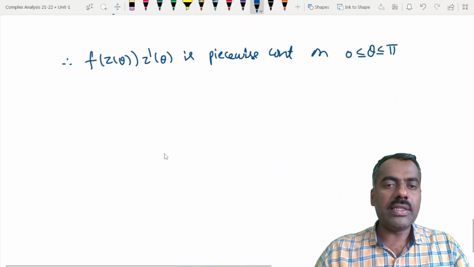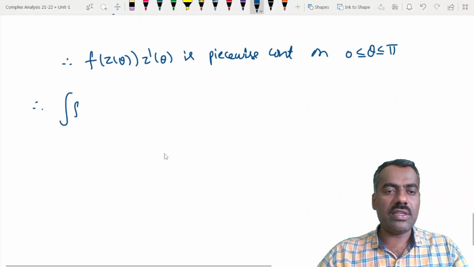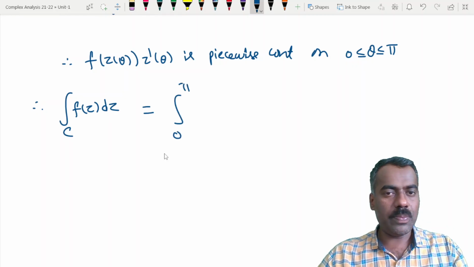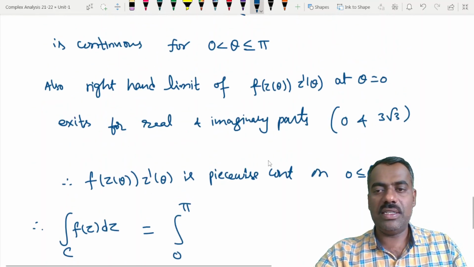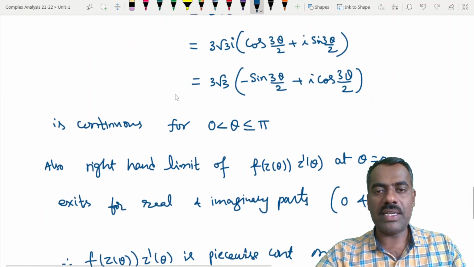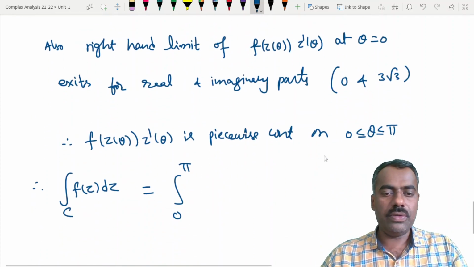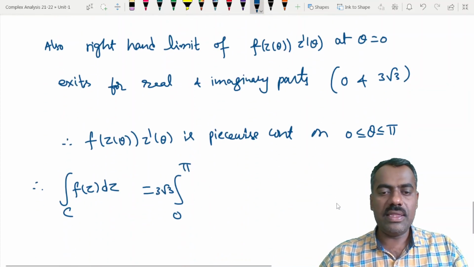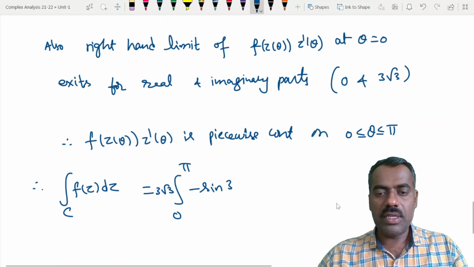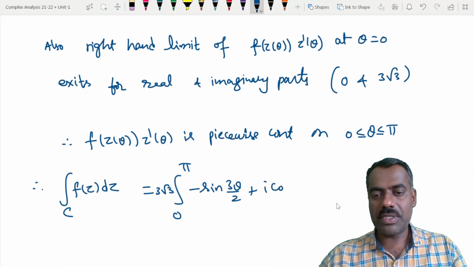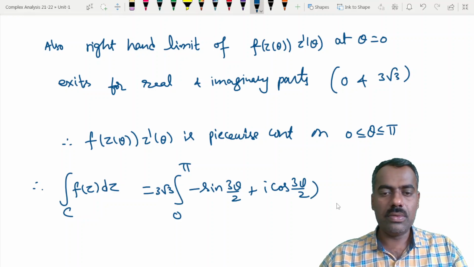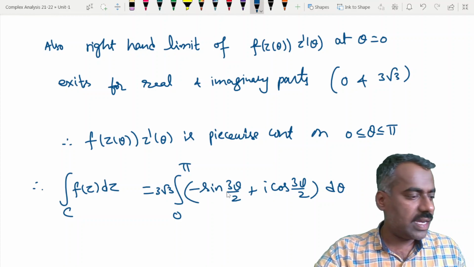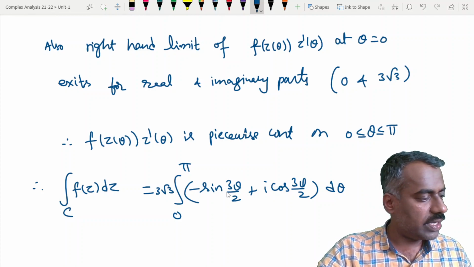Therefore we can calculate this integration. So therefore integration of f of z dz over c is nothing but integration from 0 to pi of f of z of theta into z dash of theta, which is nothing but this 3 root 3, 3 root 3 will come outside. What we have here is minus sine 3 theta by 2 plus i times cos 3 theta by 2, d theta, right? So you simplify this and in that calculation you can easily do it.